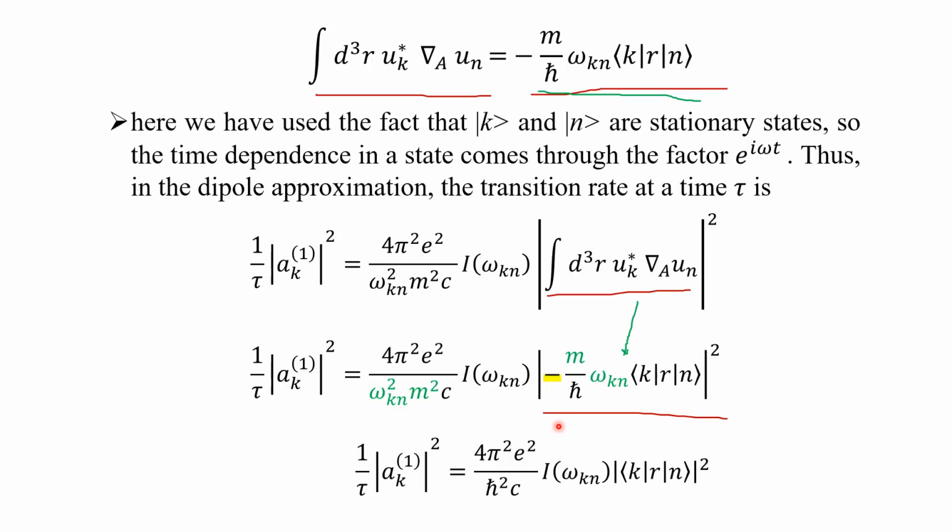Note carefully that the negative sign becomes positive because of the modulus square. This m squared will cancel with the green color m squared, and omega_kn squared will cancel with the omega_kn squared. Then you get 4 pi squared e squared over h cross squared c, I of omega_kn, and the modulus squared of bra k r ket n. So we end up with this expression.